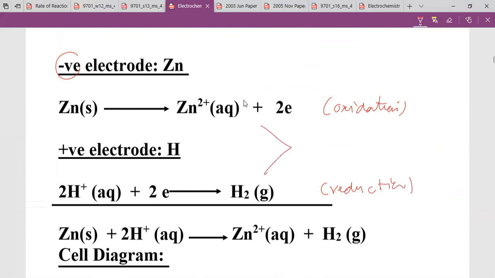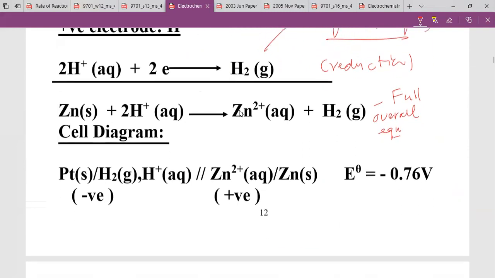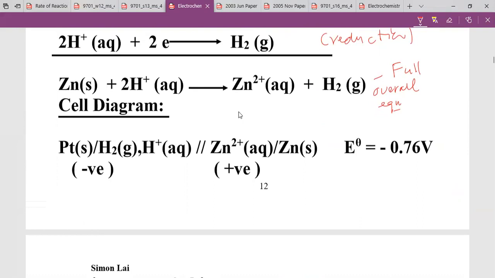These are your half ionic equations. This is your full or overall equation, not fool, full. So this is called a cell diagram. If you want to know, fine. If you don't want to know, forget it.